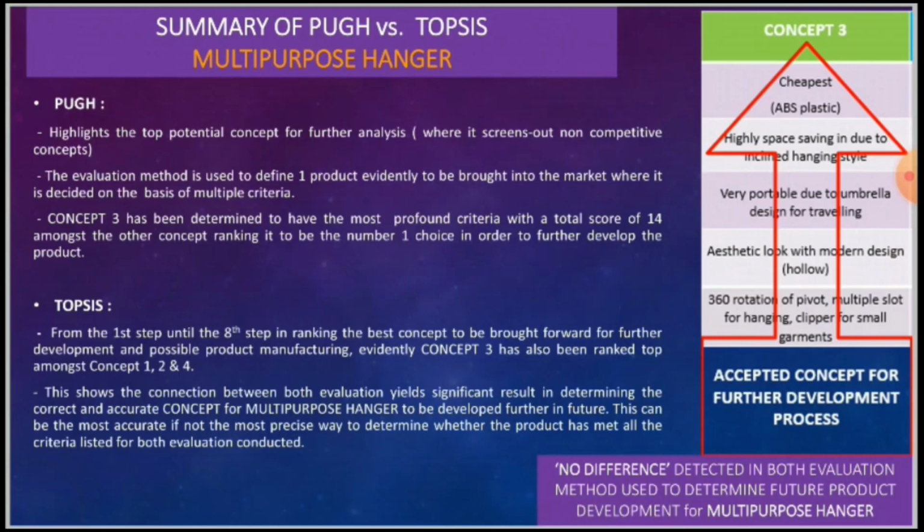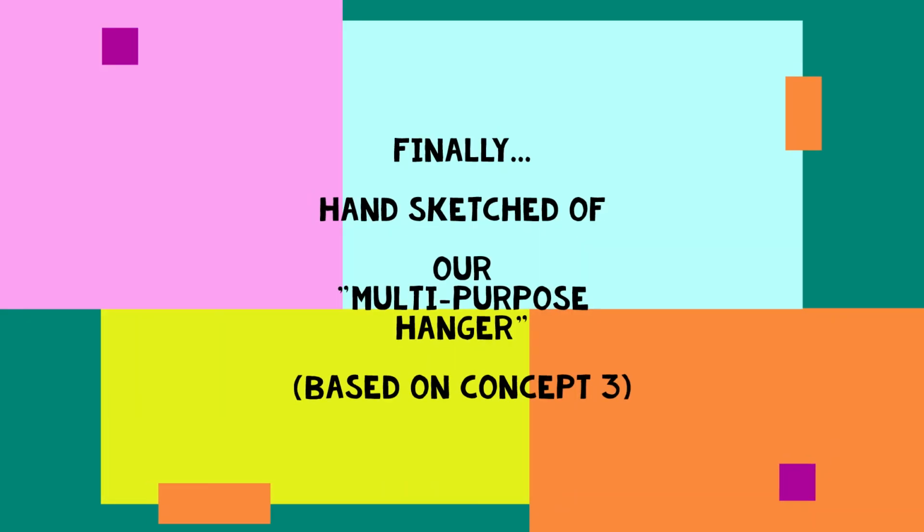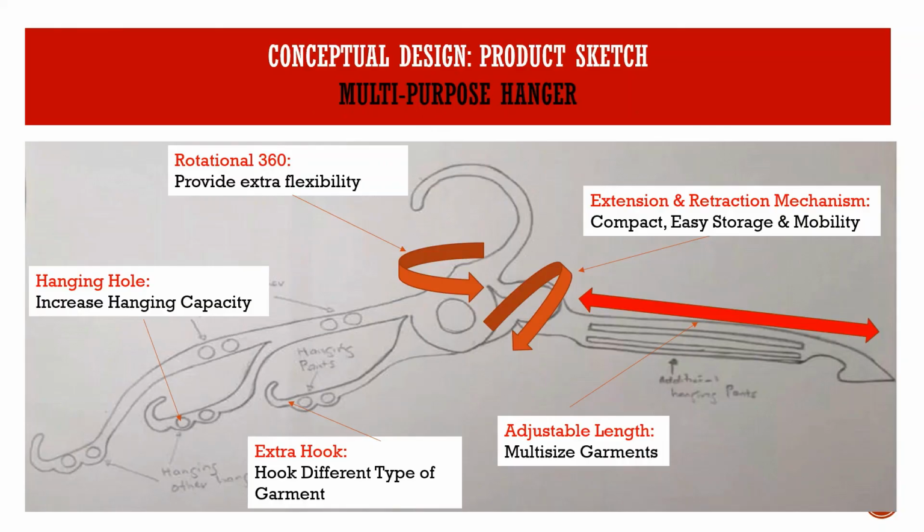And of course for sales margin, it has an aesthetic look with a modern design, embedded with the latest design of the hollow and 360 rotation of the pivot, multiple slots for hanging, and clippers for small garments. This is going to support the multi-functions of the modern multi-purpose hanger.